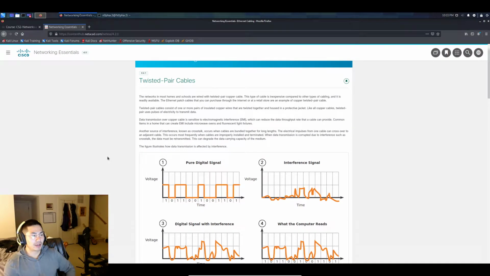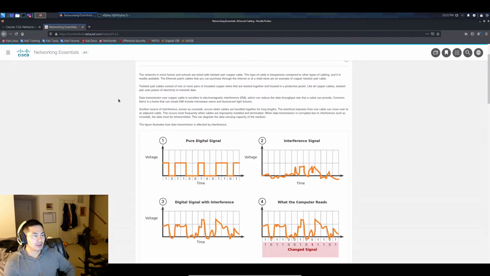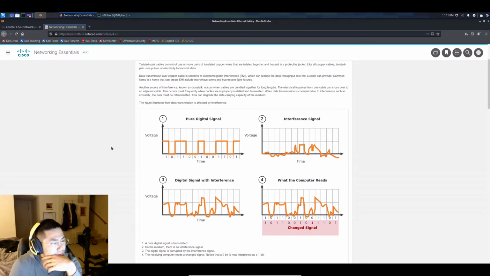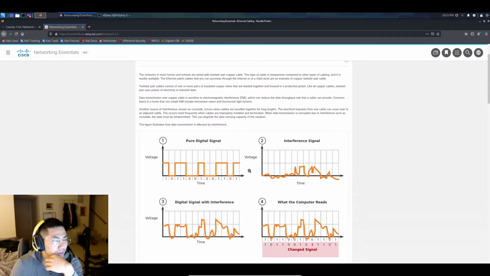Twisted pair cables. This is not too entirely important.